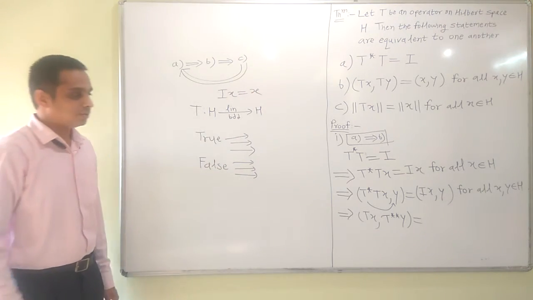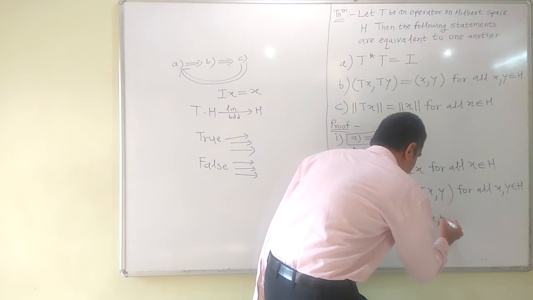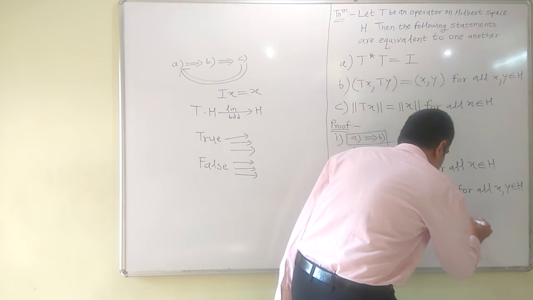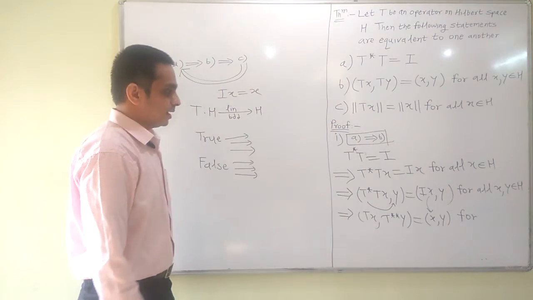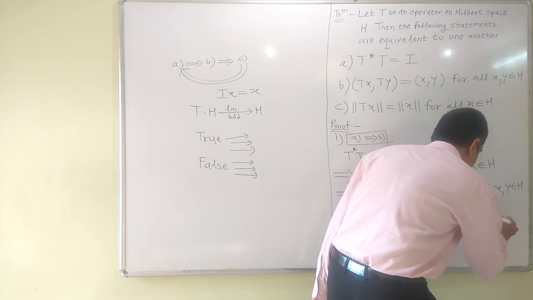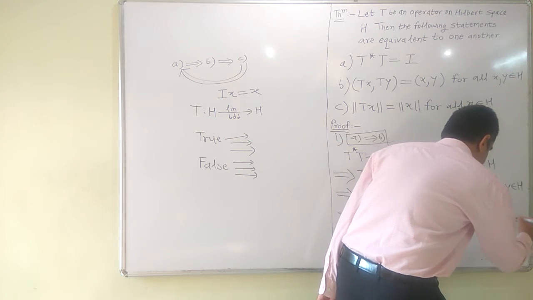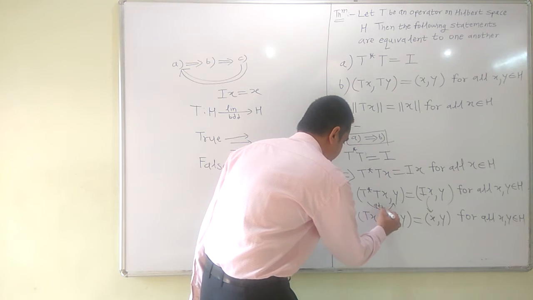So this is equal to inner product of x and y for all x, y belongs to H, because Ix is equal to x. Further, here we are using definition of adjoint.